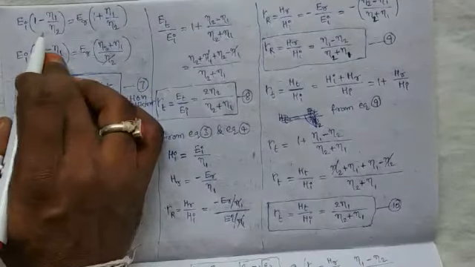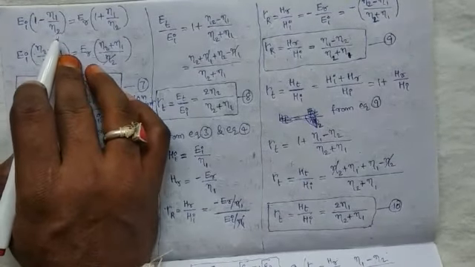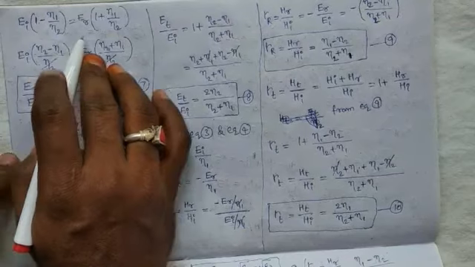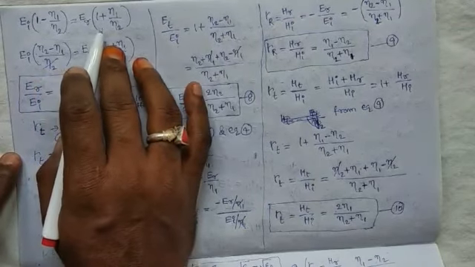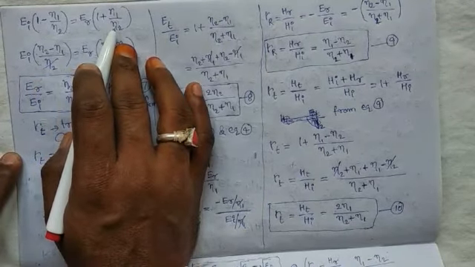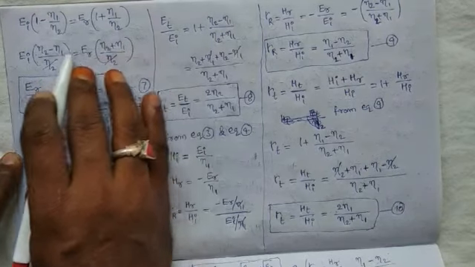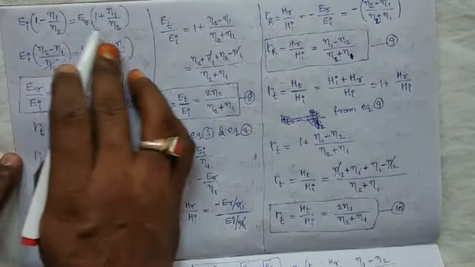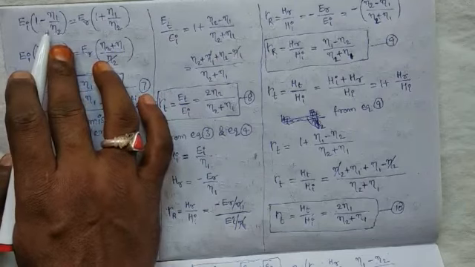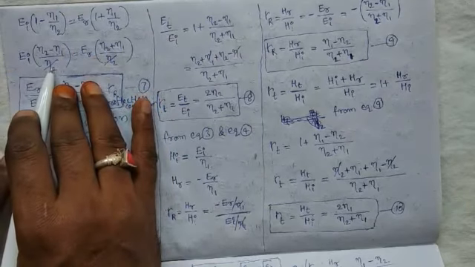EI of 1 minus eta 1 by eta 2 is equal to ER of 1 plus eta 1 by eta 2. Now we take the LCM on both sides; eta 2 is the LCM.